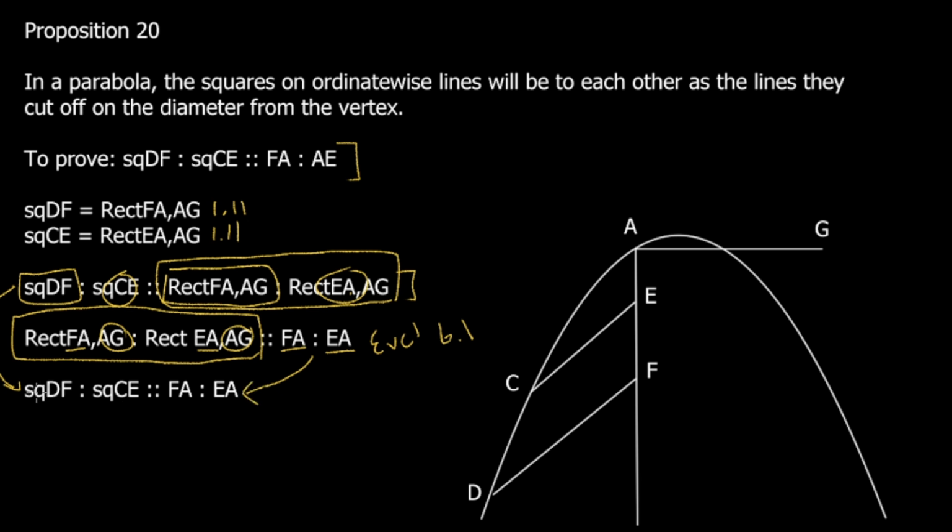And now we have as the square on DF is to the square on CE, FA is to EA. And that is the same thing up here that we wanted to prove, because it's saying that the square on DF is to the square on CE as the length cut off on the diameter is to this length cut off on the diameter. So there you go.